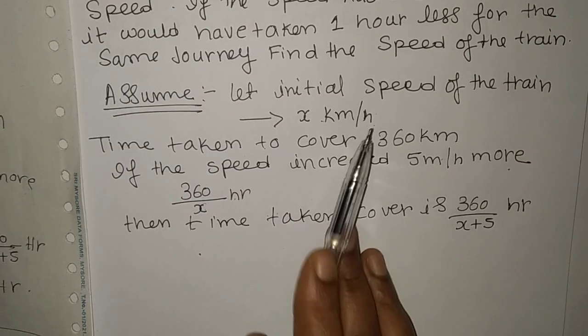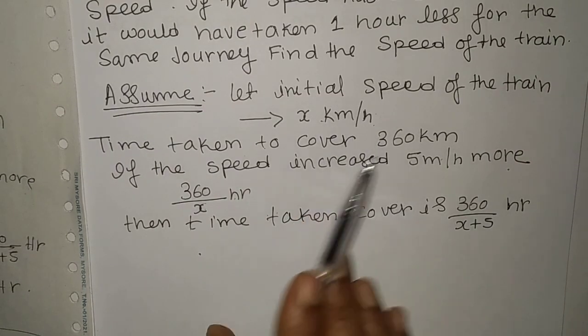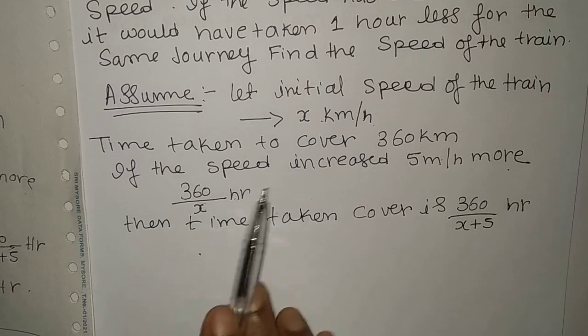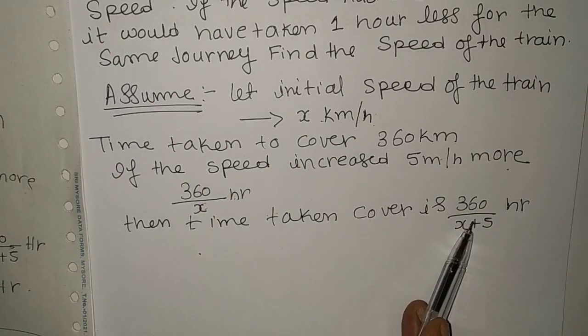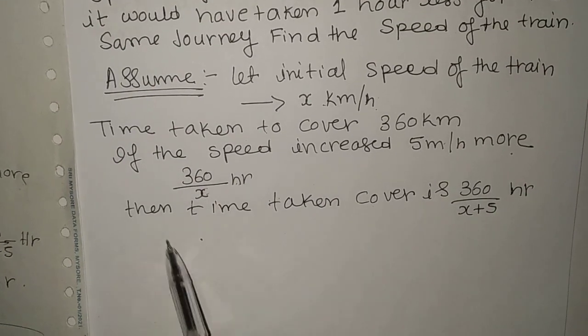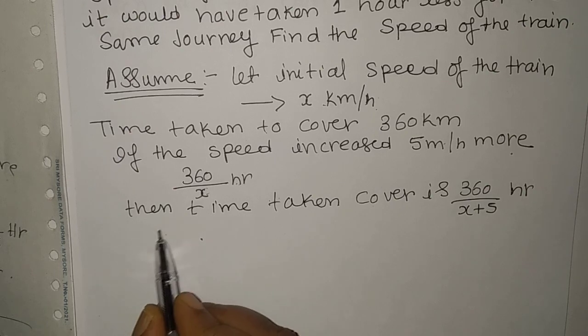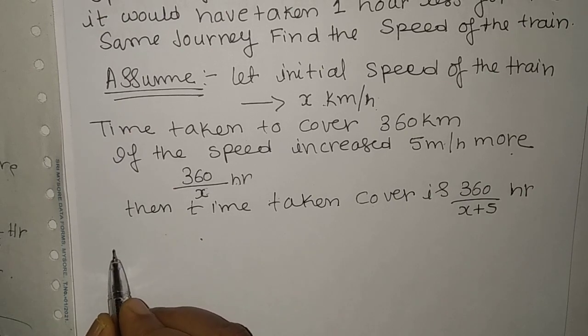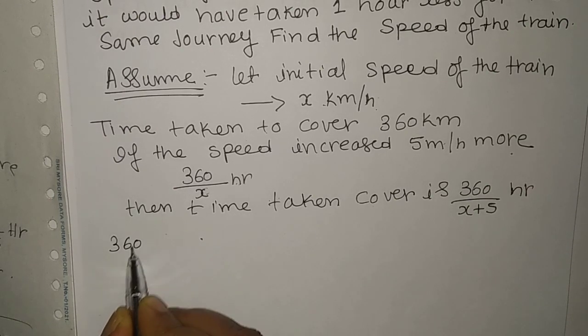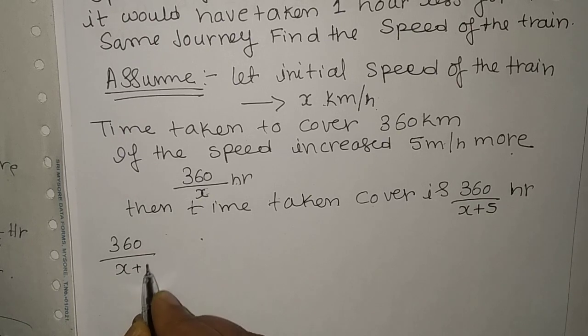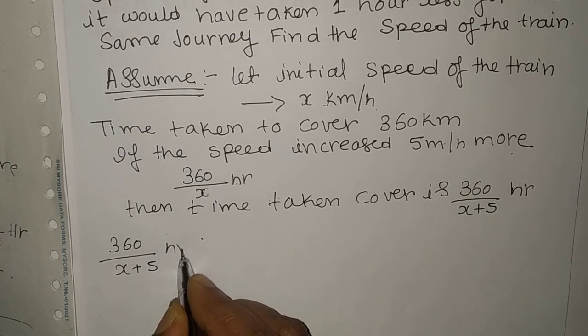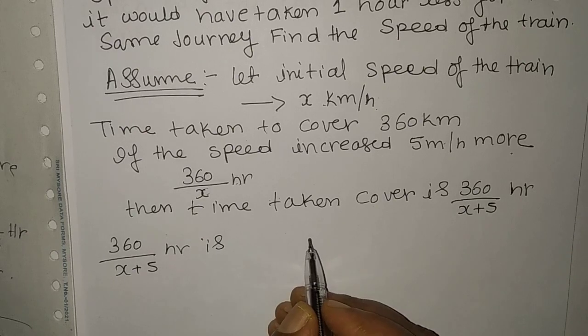Here the distance is given and we have taken the speed as x. So now x plus 5 hour. Then the next statement is 360 by x plus 5 hour is less.